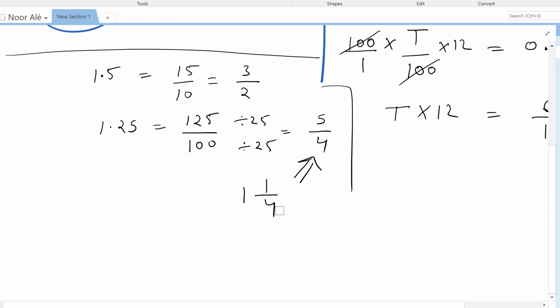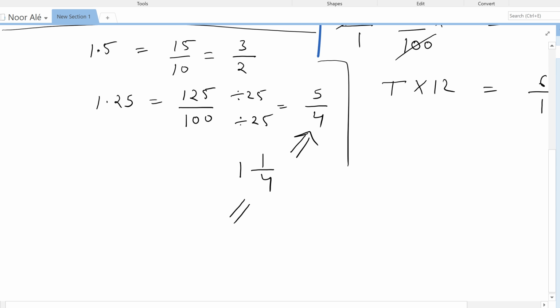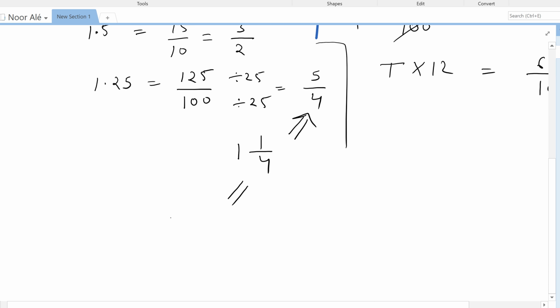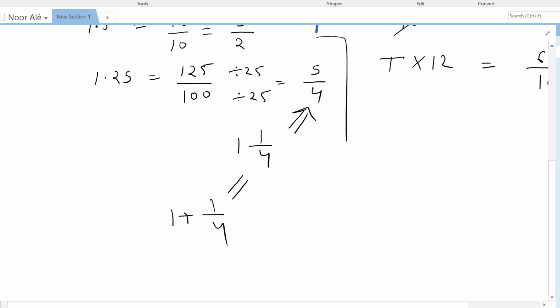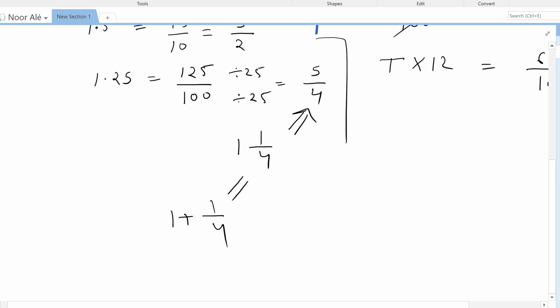We multiply 4 by 1 and then add it to 1. So let me write down all the equivalent expressions: 1 and 1/4 means 1 plus that.